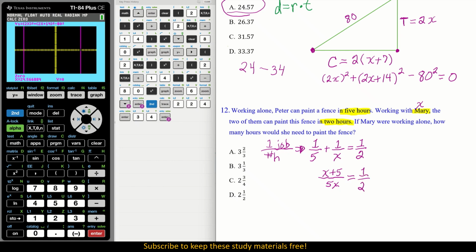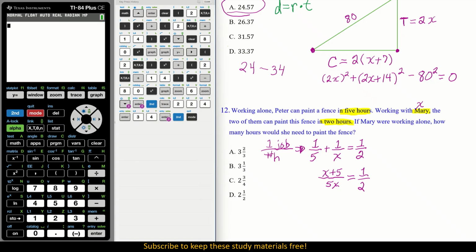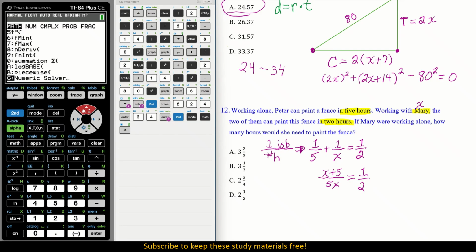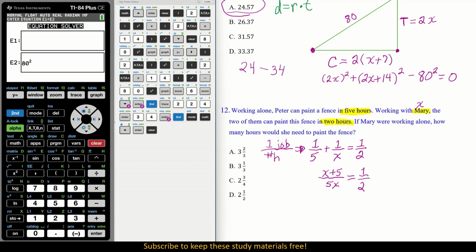So now we can actually put this in our calculator exactly the way it is. No big deal. So let's see what happens. Let's back out of our graph and say math, arrow up. We want what's highlighted, numeric solver right here. Clear out what we have, and there's 2 ways to enter this.